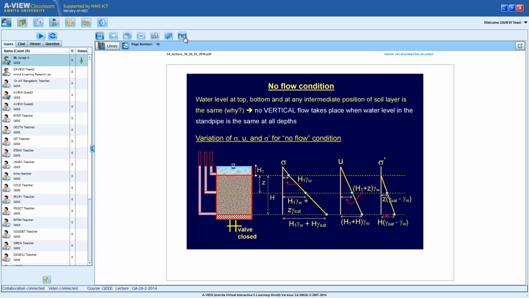Likewise, I can solve the effective stress at the bottom layer, which will be H1 gamma W plus H gamma sat minus this whole thing. If you look at this carefully, H1 gamma W and H1 gamma W from the second sketch get cancelled off. As a result, you have H gamma sat minus H gamma W, which is over here.